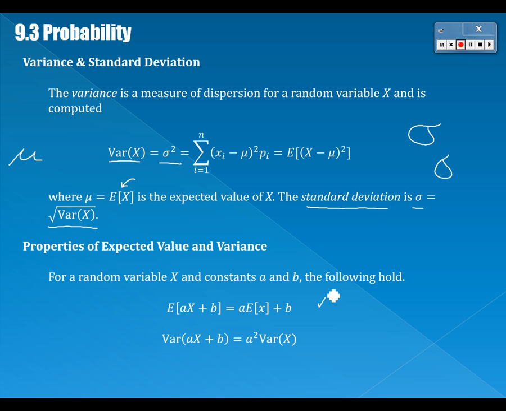If you were to add 5 to all of your data points, then the new average would be the old average plus 5. All your data gets shifted up by a certain amount, so does your mean or expected value.